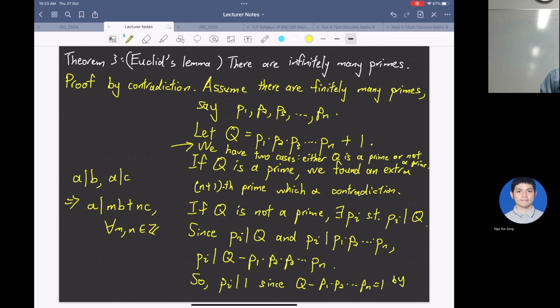By construction, this is what we constructed. So what numbers divide 1? Only 1. But is 1 a prime? 1 is not a prime, but we assumed Pi is a prime. So contradiction again.